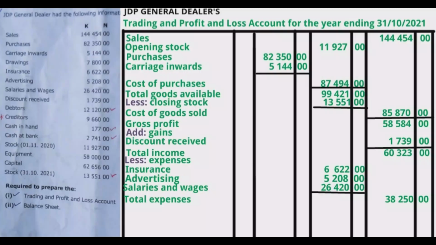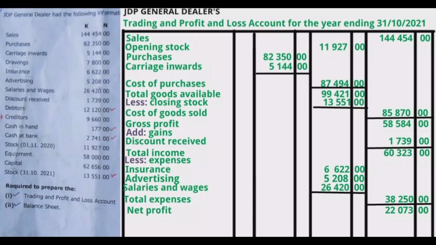Now remember these are expenses, so we need to subtract them so that we see the net profit. 60,323 minus 38,250 will give us 22,073 kwacha, and this is the net profit. This is the actual profit, the take home profit.